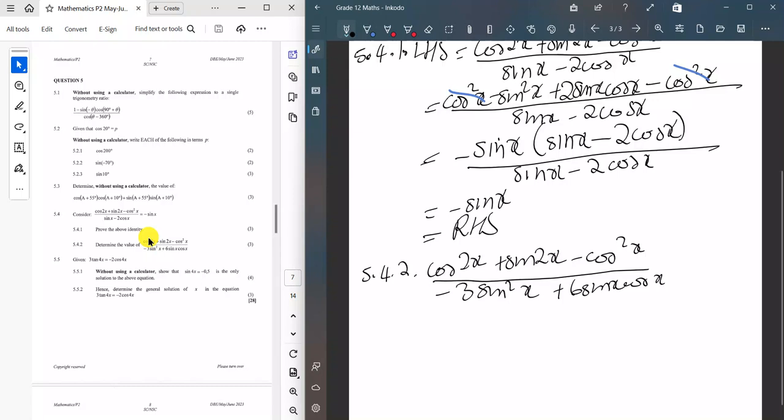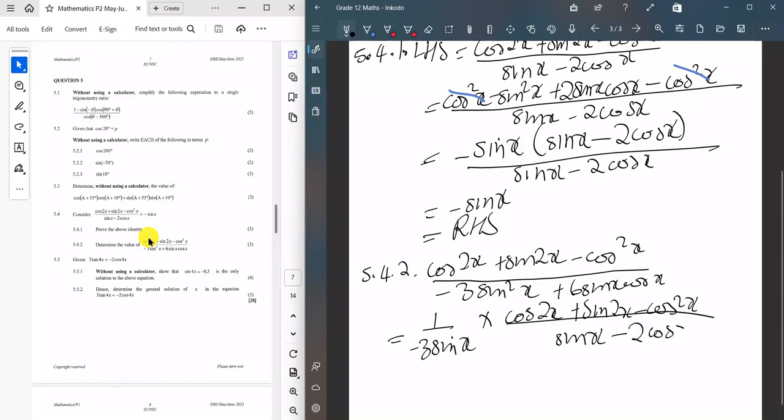So I should therefore say this is basically 1 over negative 3 sine x multiplied by, hear me out, I'm going to write everything here so you will see, cos 2x plus sine 2x minus cos 2x all over sine x minus 2 cos x.